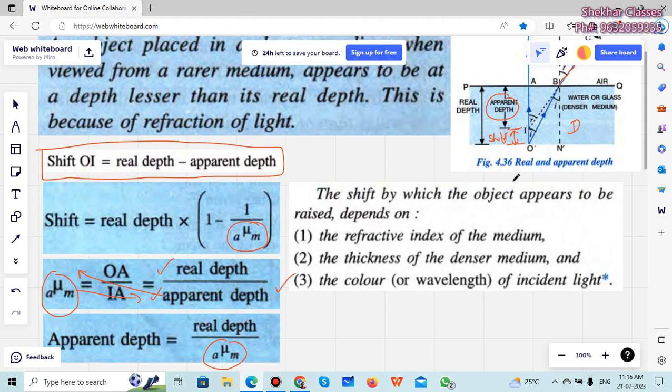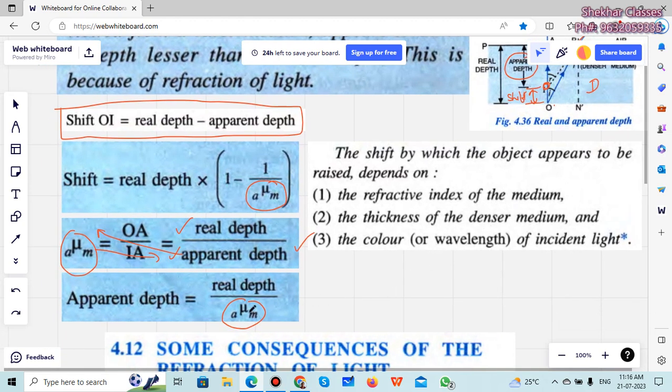Then the shift that we are talking about can be more or less. The object which was actually here seems to be seen here, raised. So the shift can be more or less, depending upon the refractive index of the medium.